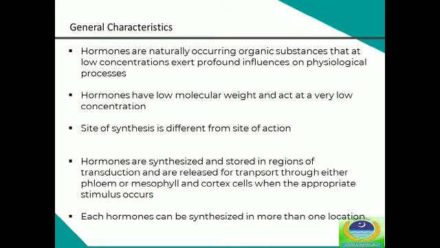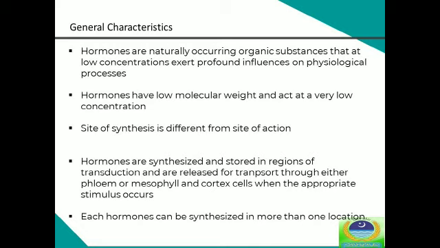Almost all cells can produce hormones, but certain cells or tissues produce enormous quantities of hormones, and others produce undetectable amounts of hormones.